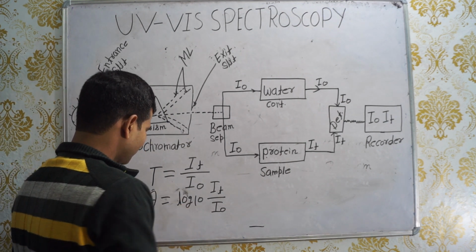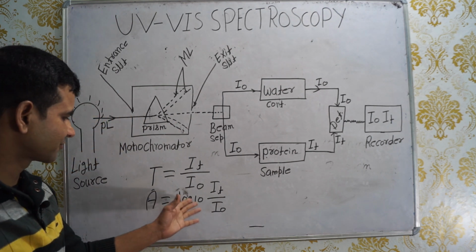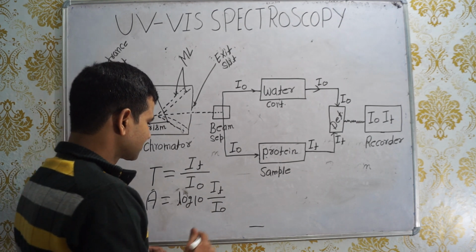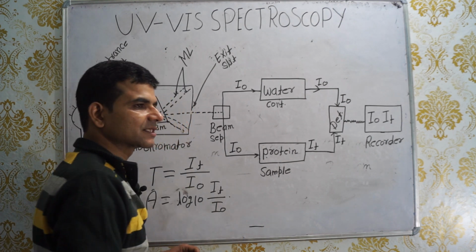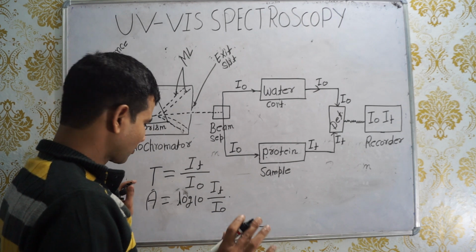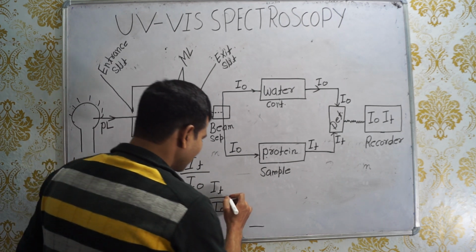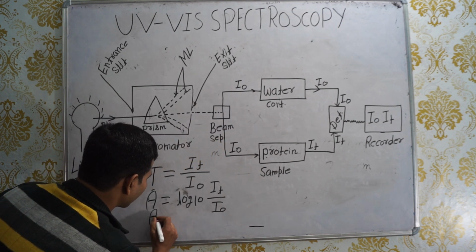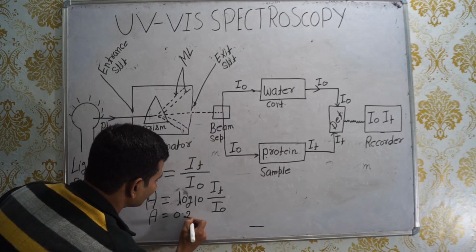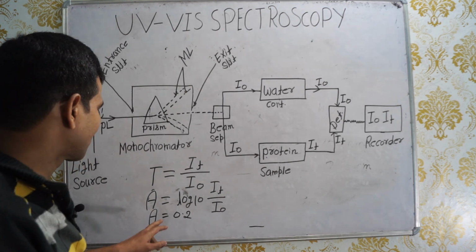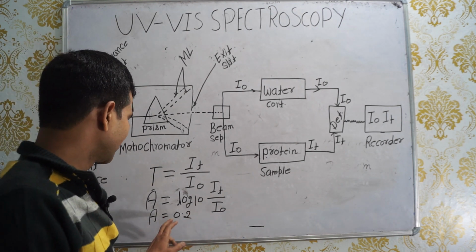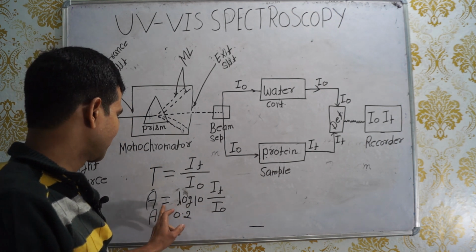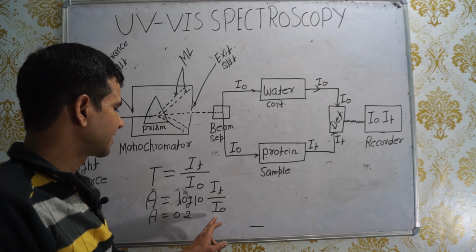And by applying this formula, the recorder will give the value of absorbance. Suppose the recorder has given the value of absorbance, A is equal to 0.2. We are supposing that the recorder has given the value of absorbance 0.2 by applying this formula, A is equal to log 10 of IT by I naught.